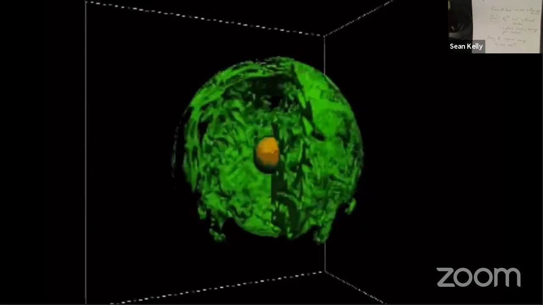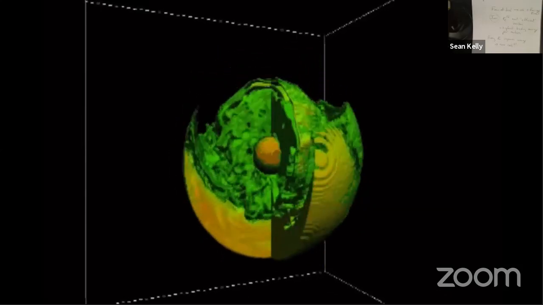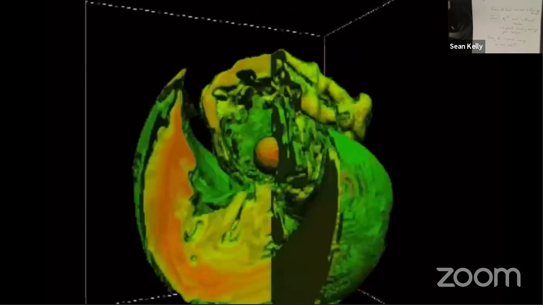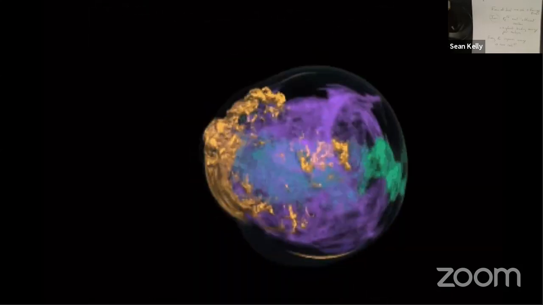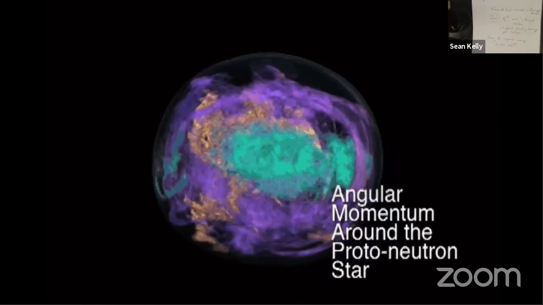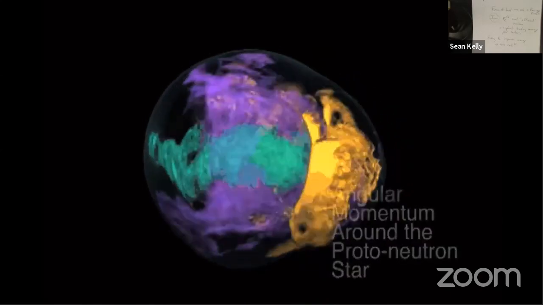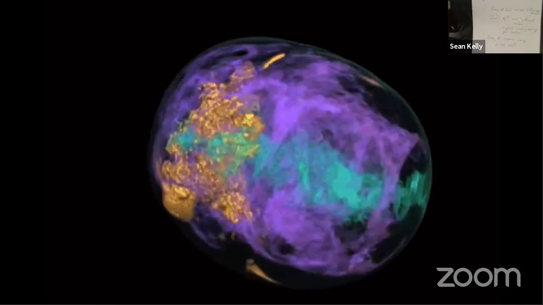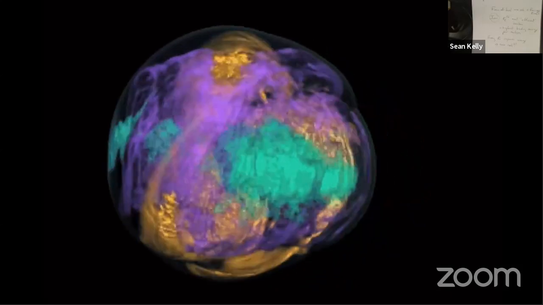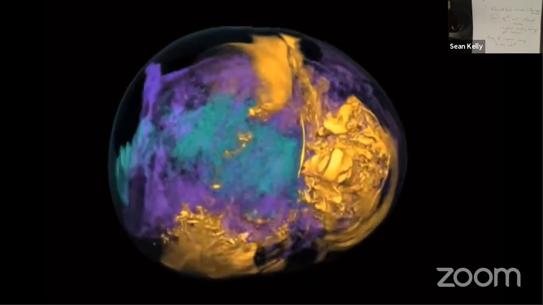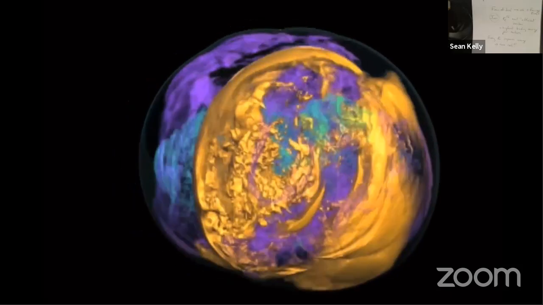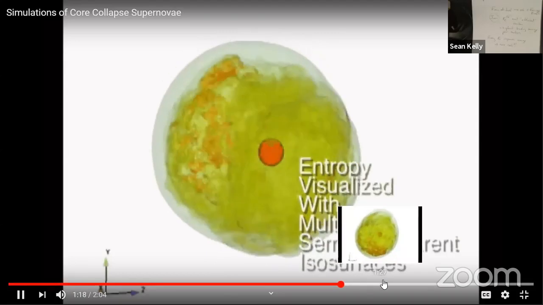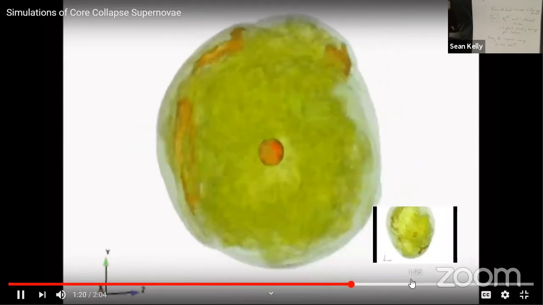These events probe extremes of nature that, relative to our everyday world, are simply unfathomable. Take, for example, the dense matter in the neutron star produced by the supernova, one of the supernova's remnants. 1 cubic centimeter, the size of a single sugar cube, would weigh as much as the entire human race. And the challenges don't stop there. Three-dimensional core collapse supernova simulations will produce data at the staggering rate of hundreds of terabytes per simulation. For scientific discovery, these data will have to be analyzed and visualized by scientists.